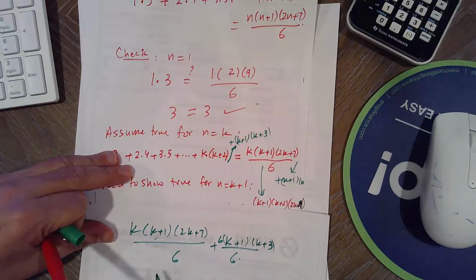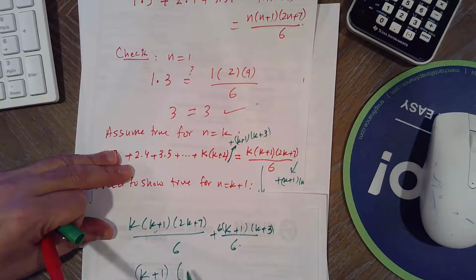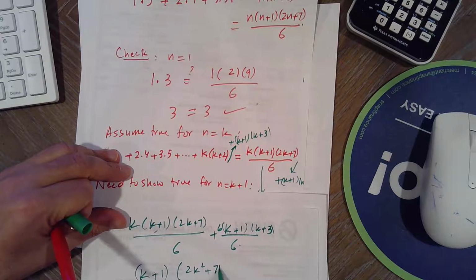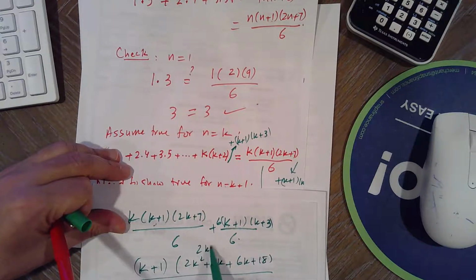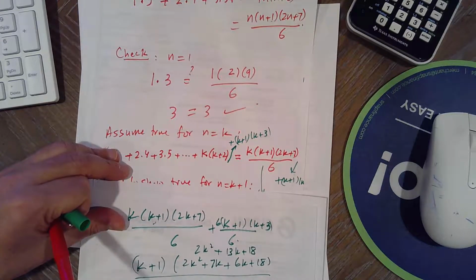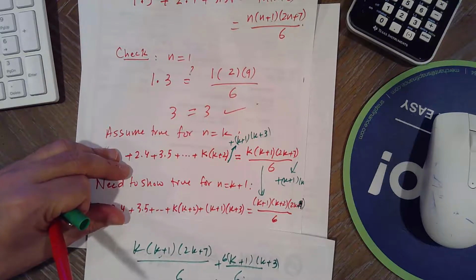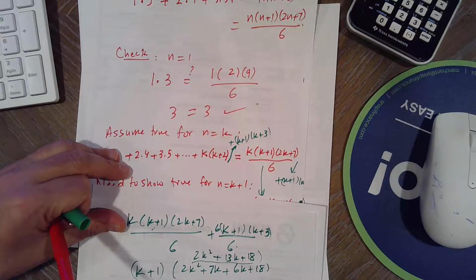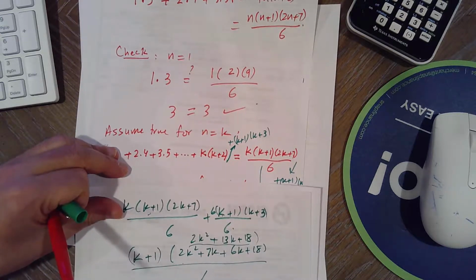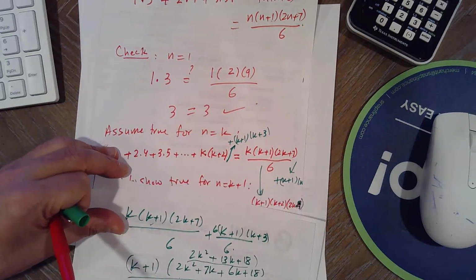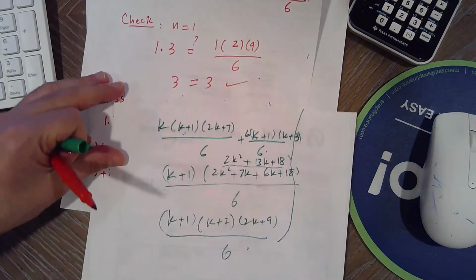We can factor out k plus 1, and then it would be 2k squared plus 7k plus 6k plus 18 over 6. So that's 2k squared plus 13k plus 18 over 6, and this factors into k plus 2 times 2k plus 9 over 6, which equals that. Okay, and that's it.